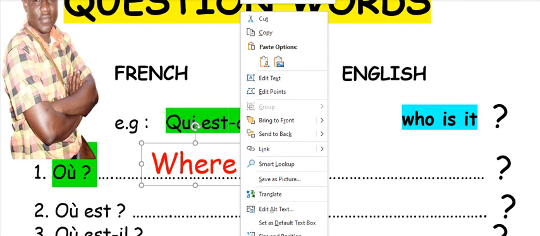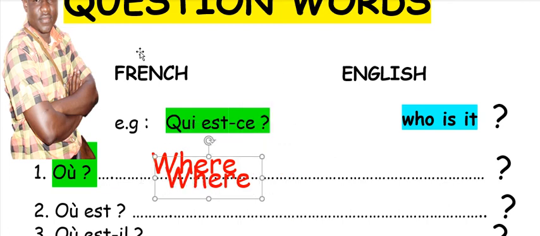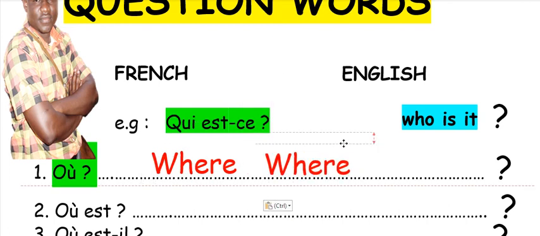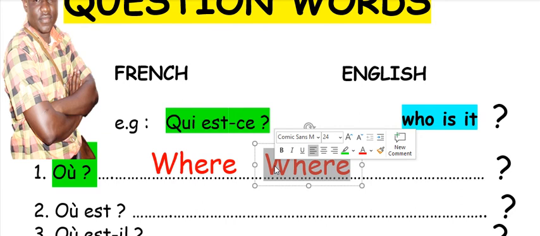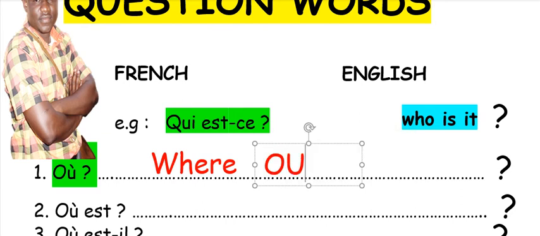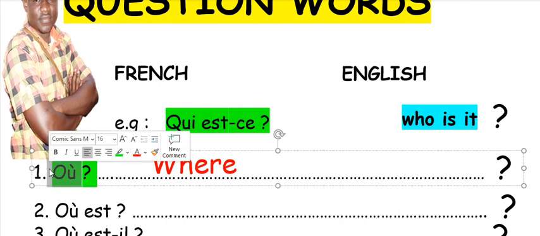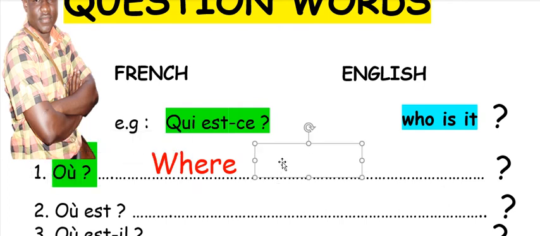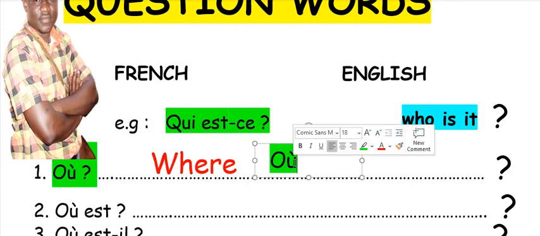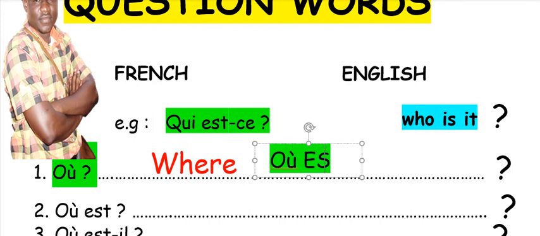Let's write something together here. Attention, be careful: that "où" must have an accent on top. It's not supposed to be written like this.